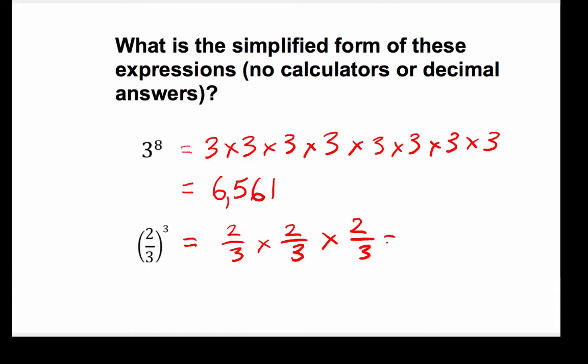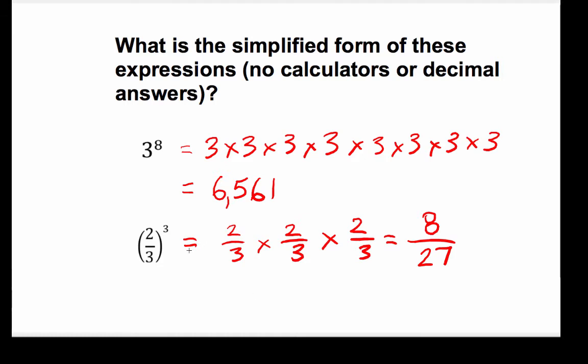The way that we multiply fractions is to multiply the numerators together. So we're going to multiply 2 times 2 times 2. That is 8. And we're going to multiply 3 times 3 times 3, which is 27. So this power, 2/3 to the 3rd power, has a value of 8 over 27, or 8/27.